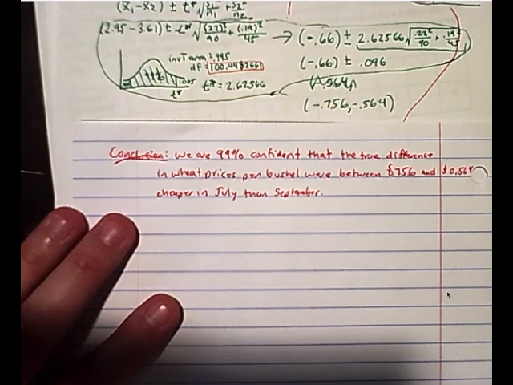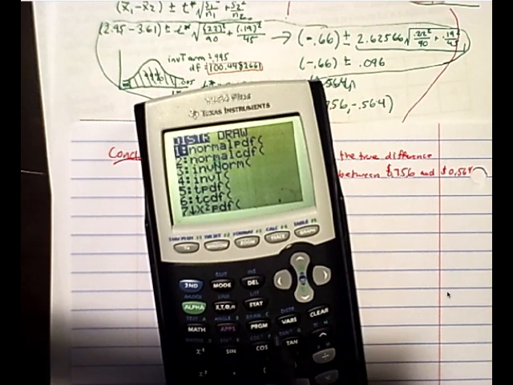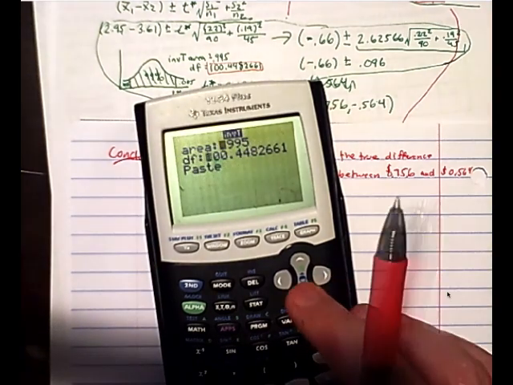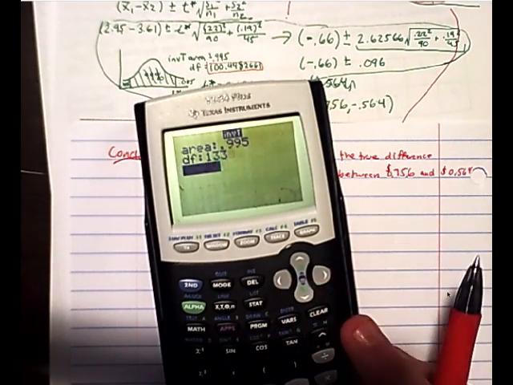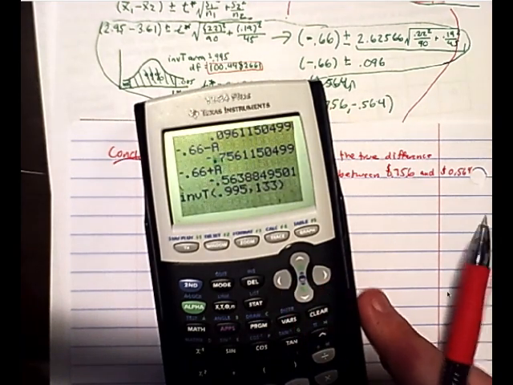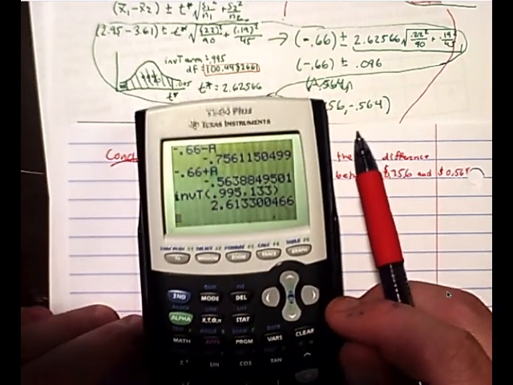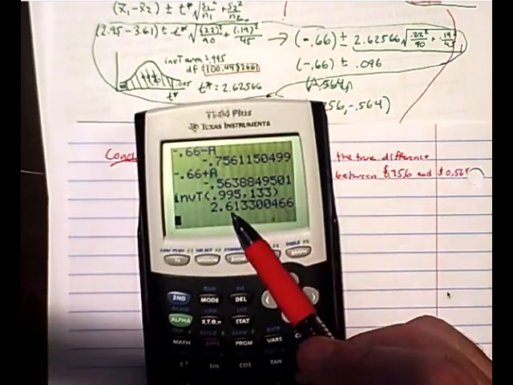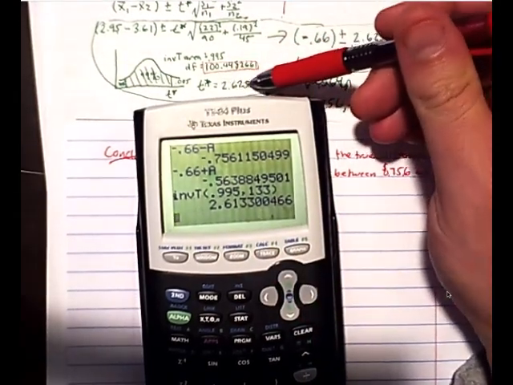So what would happen if I used degrees of freedom 133 rather than this 100? Think about the t star here. Let's go to inverse t. Same area, but what would happen if I did 133 instead of that weird decimal? The t value is 2.61, which is slightly less than this.